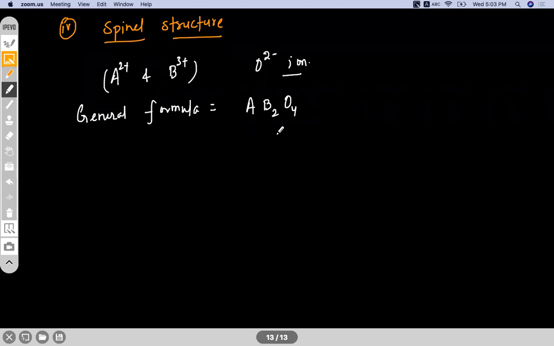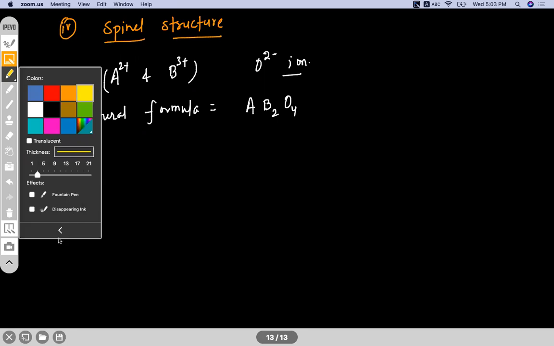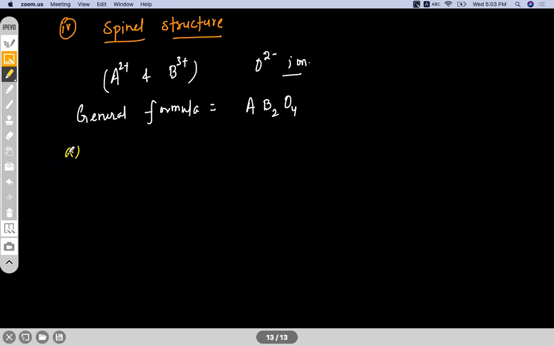Further, this spinel structure also has two different types. The first type we call normal spinel structure, and the second one is inverse spinel structure.